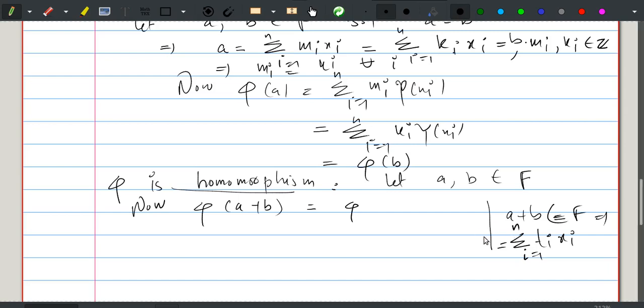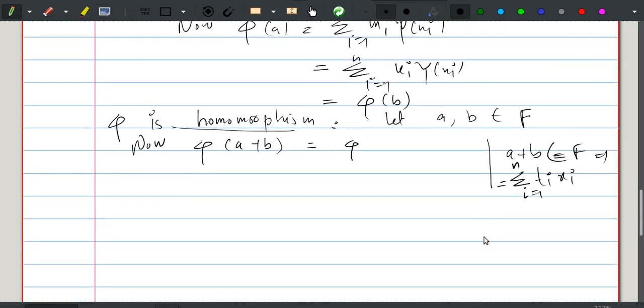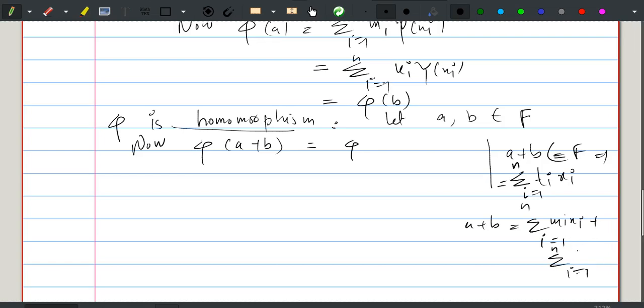But at the same time, this a plus b is the same as sigma i runs from 1 to n mi xi plus sigma i runs from 1 to n ki xi.